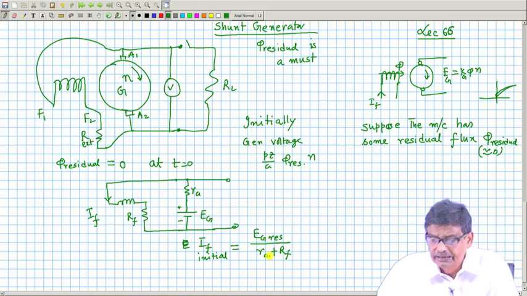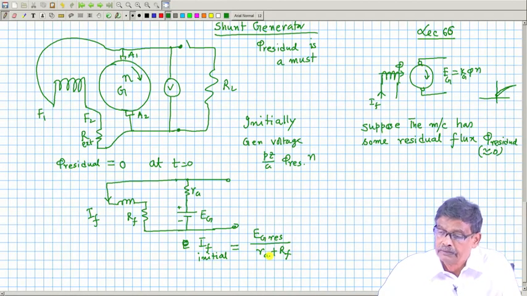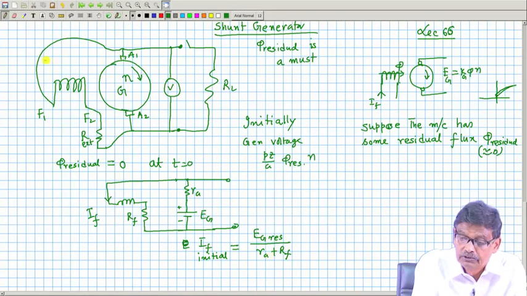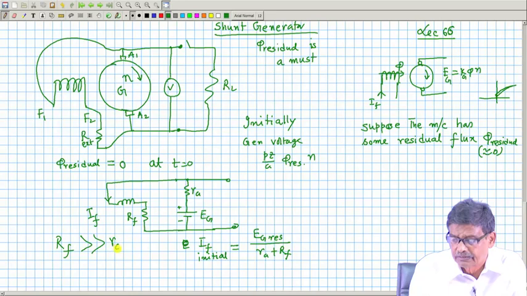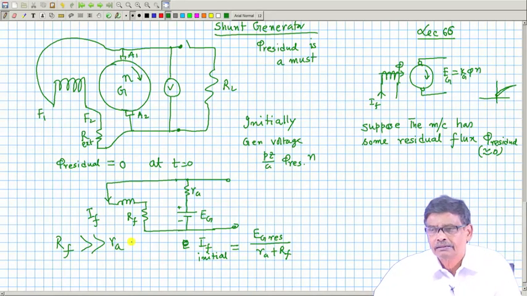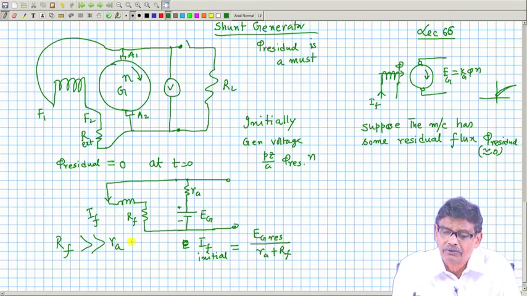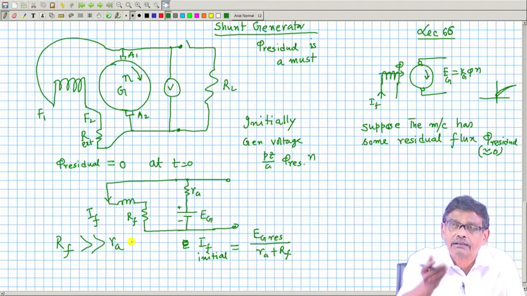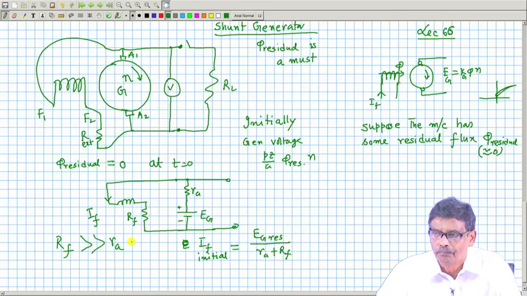Now, in case of separately excited machine or shunt connected machine, they are one and the same machine. You can connect it as a separately excited or a shunt machine. This R f value, the total field circuit resistance R f, is many times higher than small R a. If armature resistance is 1 ohm, this R f total may be 250 ohm.